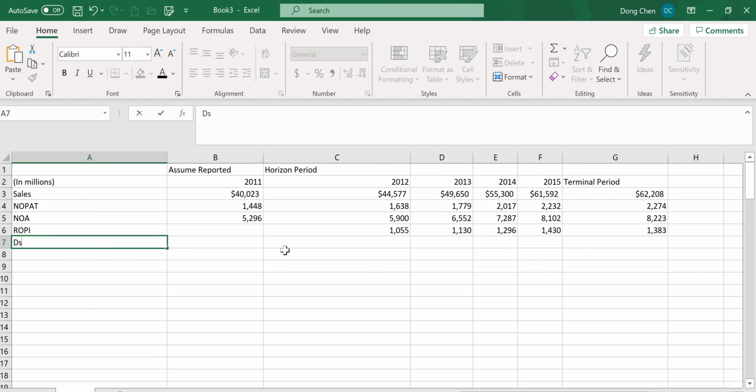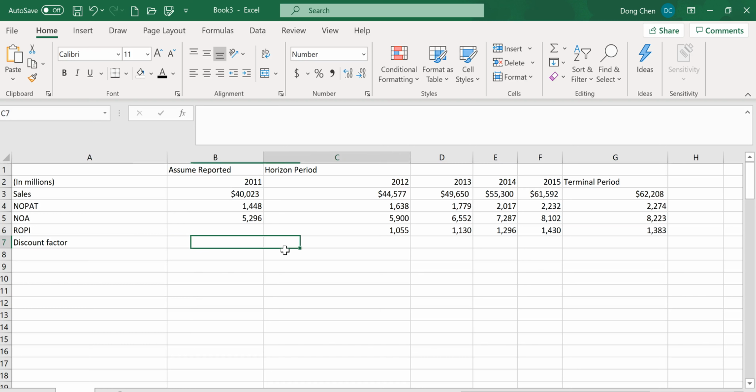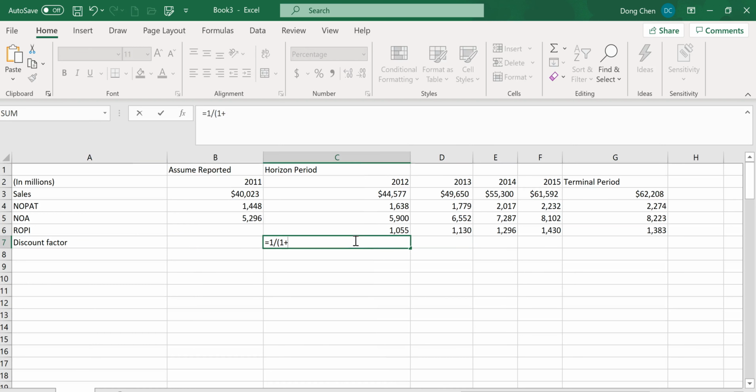The next row is the discount factor. This equals 1 over 1 plus the discount rate, 11%. For the first year, 2012, I don't need a power, but I will still put a power here because I want to drag the cell to the right. It's going to be 2012 minus the starting year, the current year, which is 2011.